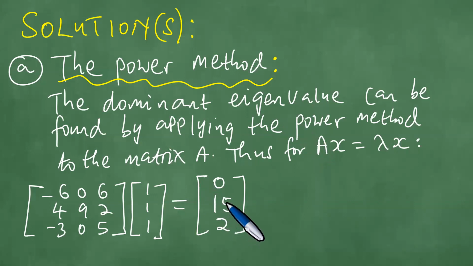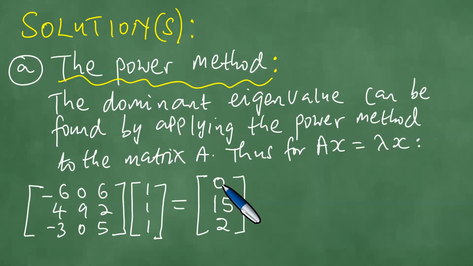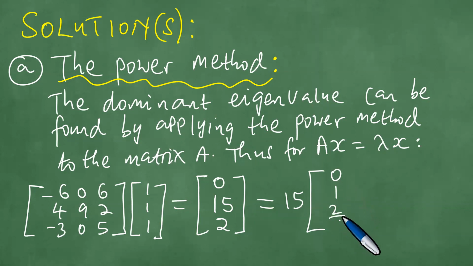It is sensible to say the number 15 being the most dominant, but also because we need to compare with the 1, 1, 1 vector, we attempt to achieve that. There's a 0 here, which we cannot change, but we can factor out 15, the largest one. Factoring out 15 is going to produce a 0, a 1, and then 2 out of 15.